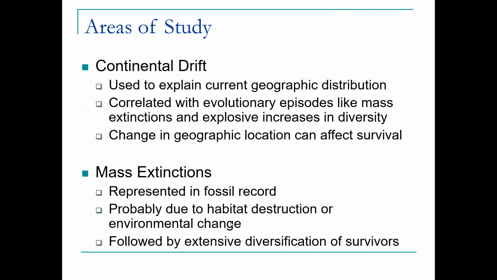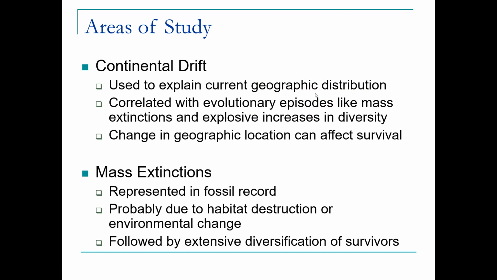Another area of evidence is based on geology, and it goes along with the biogeography that you looked at, and that, as the Earth changes, we know that that can affect geographic distribution. So if you look at geologic changes like continental drift, mountain building, things of that nature, as the Earth changes, so does the biogeography.